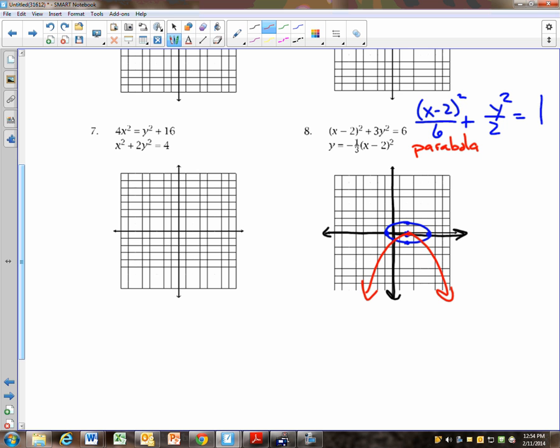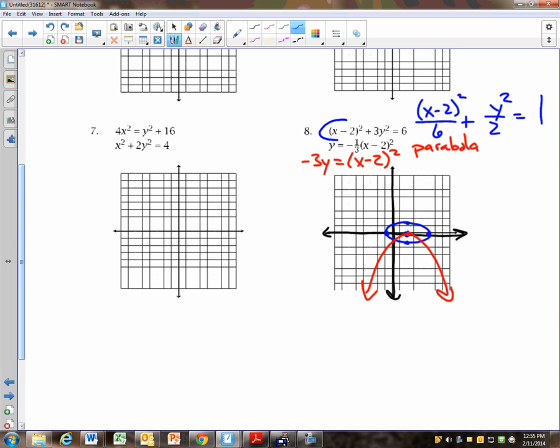Last hour did not like this. First hour, no problem with it. So you guys tell me if you see a problem here. I want to solve for x minus 2 squared. So I need to multiply both sides by -3. So now I have x minus 2, that quantity squared.